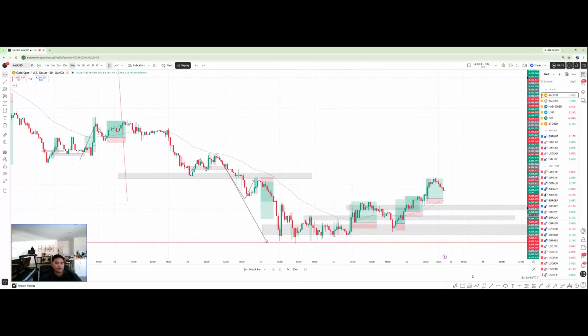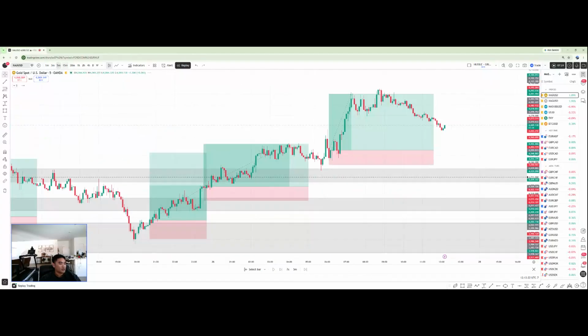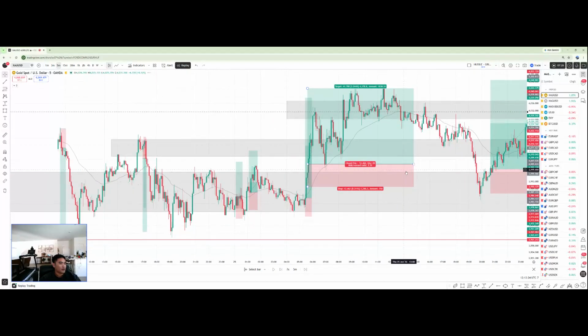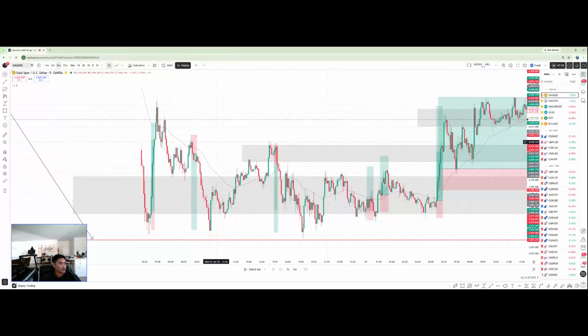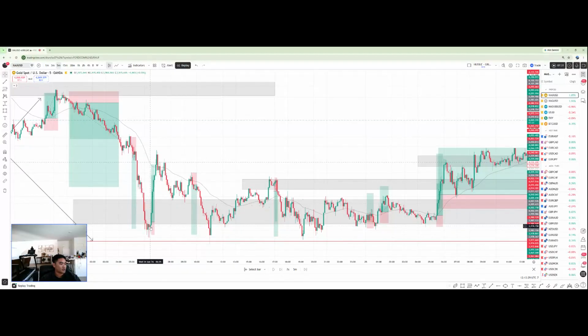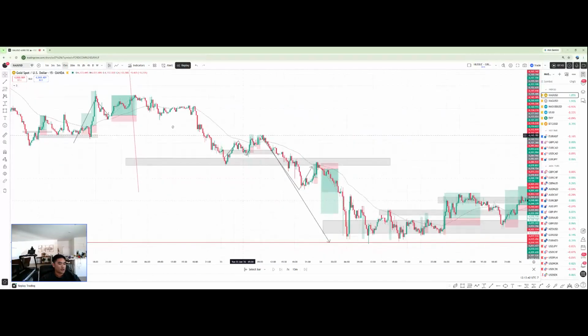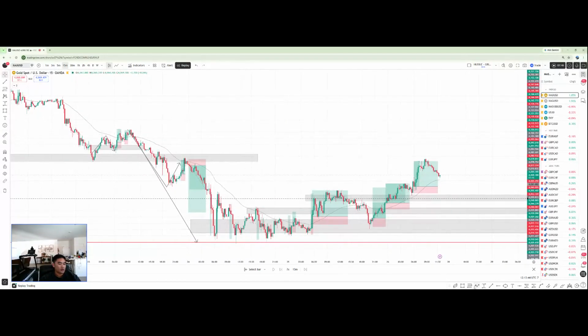Then once again, I caught this one right here on Wednesday. I think I'm running on like a 5K account. I saw this rejection, rejection. New York session opening, follow the price action, hold this 4 or 5RR, then another 4RR because price is having a lower high, lower low.